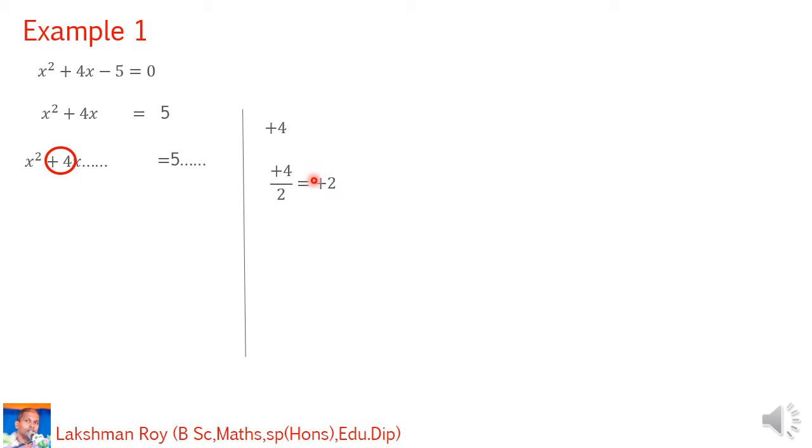Then take the square of this number: 2 square, 2 into 2, is positive 4. The steps are: take the number with sign, divide by 2, take the square.